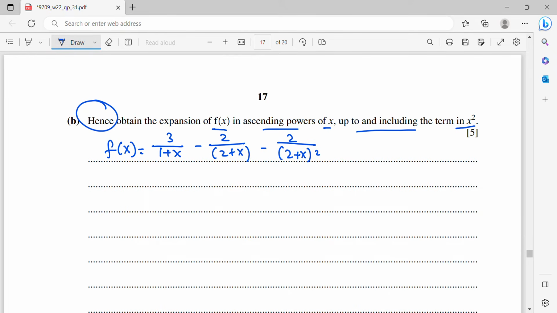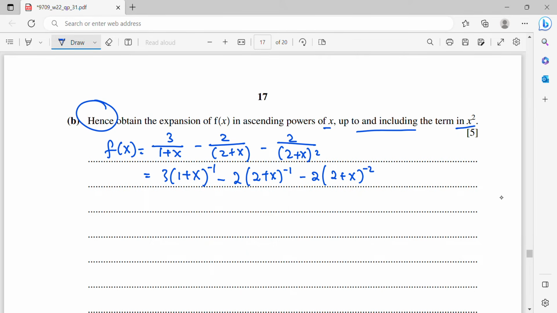Okay, so now I will have to move up the denominator. So you will be getting 3 times degree minus 1 of 1 plus x minus 2 times degree minus 1 of 2 plus x minus 2 times degree of minus 2 of 2 plus x.